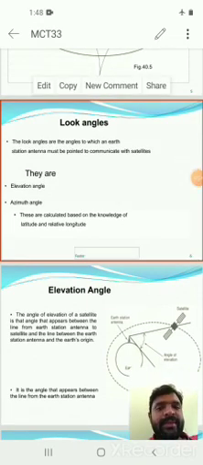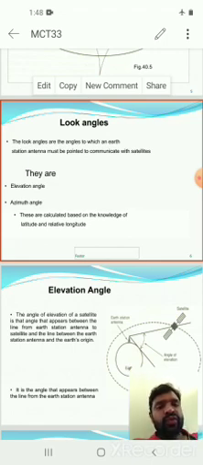Look angles. The look angles are the angles to which an earth station antenna must be pointed to communicate with satellites. So these angles are used to communicate between the satellite and the earth station.